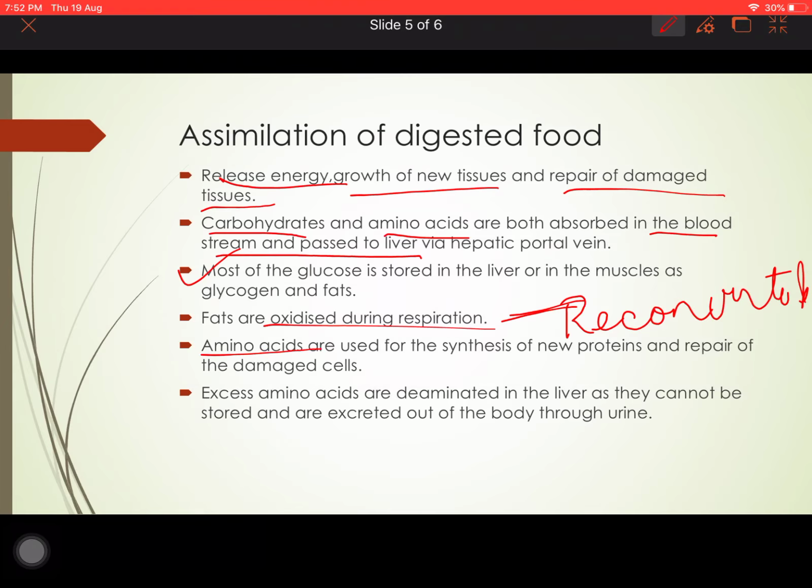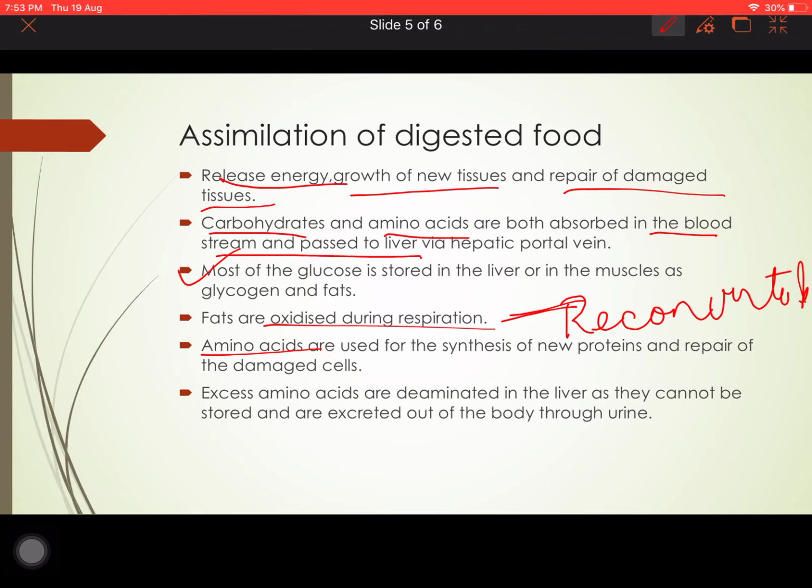Now next come amino acids. These are used for the synthesis of new proteins and for repairing damaged cells. Excess amino acids are deaminated in the liver as they cannot be stored, and then the extra part is excreted out of the body through the urine.